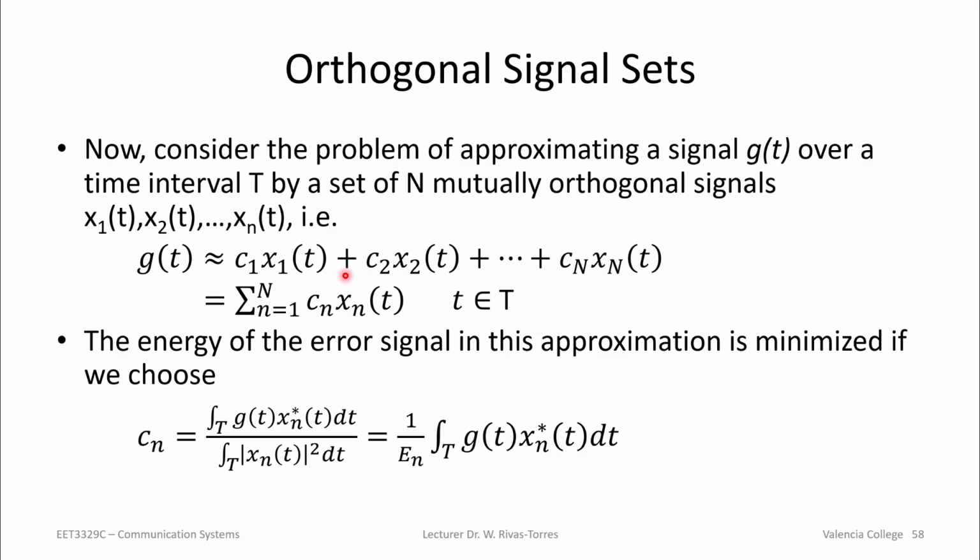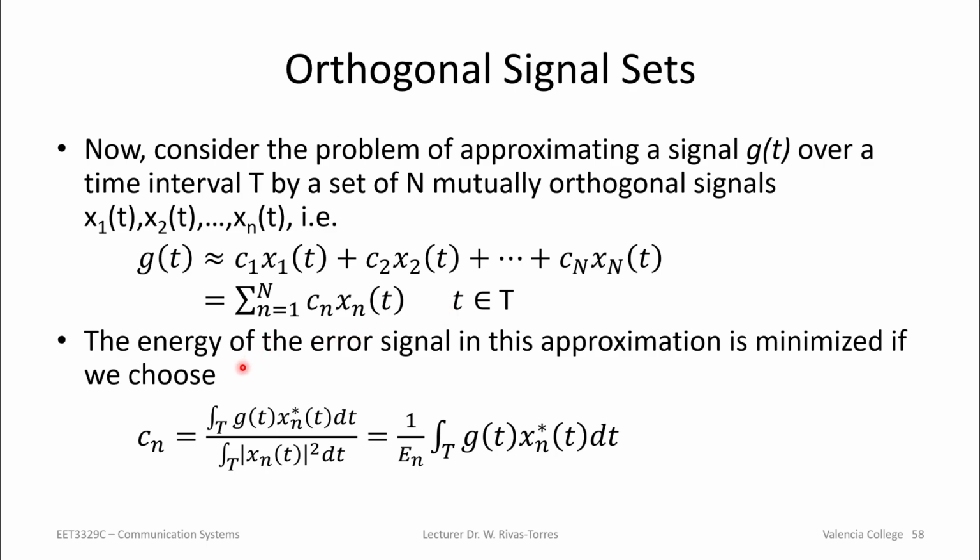So essentially what we want to do is this, right? We want to say g of t equals an expression like this. So notice all the coefficients, right? So essentially, if this is a real function, we want to sum from n equals 1 to n all these Cx times the orthogonal signal set, right?